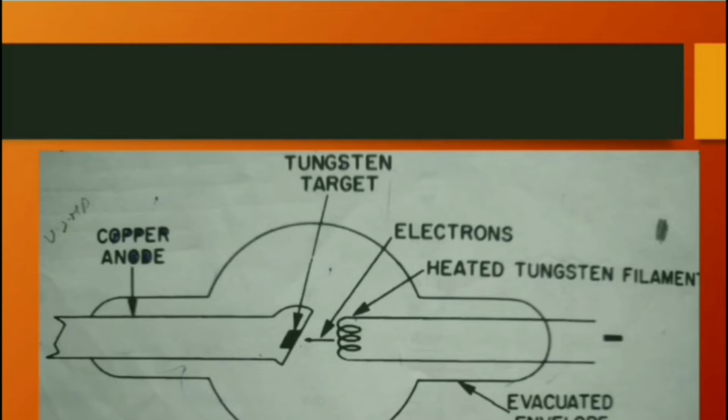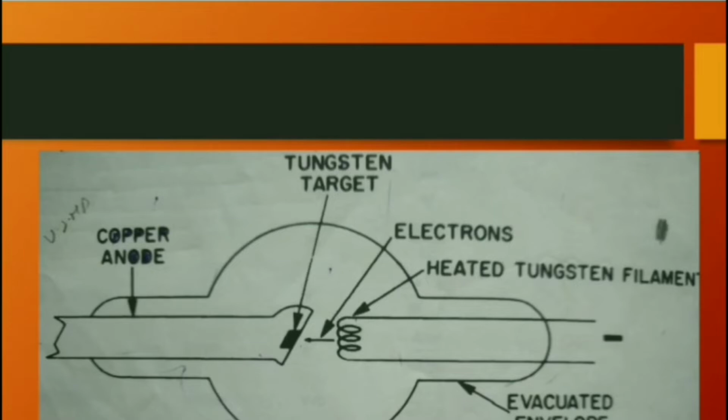Electrons are produced by the heated tungsten filament. The tungsten filament is a part of the cathode. So in the filament electrons are produced and those electrons are accelerated across the tube to hit the tungsten target.